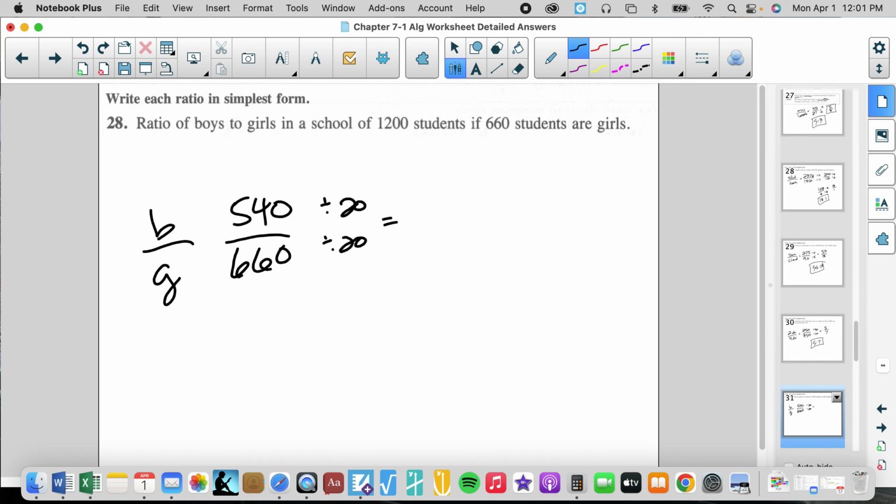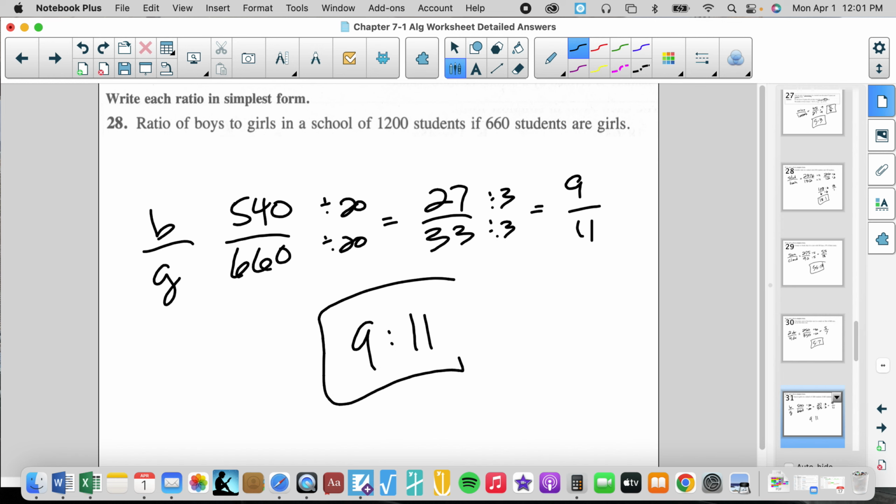I don't know. Let's start with 20. So that's going to be 27, and that's going to be 33. We can reduce that by 3, and we get 9/11ths. So 9 boys to 11 girl ratio. For number 28, 9 to 11.